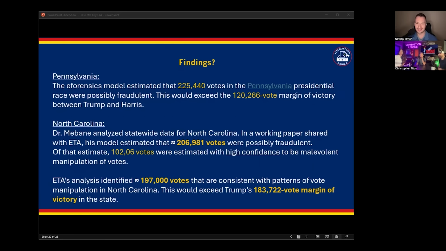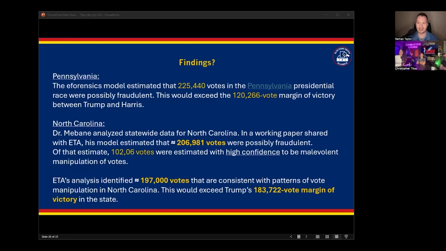And here are his findings. In Pennsylvania, his model estimated up to around 225 thousand anomalous votes in the presidential race. We didn't look at the Senate races or the down ballots. We just looked at the presidential race. Holy shit. And what's the margin of victory in Pennsylvania? 120,000 votes.